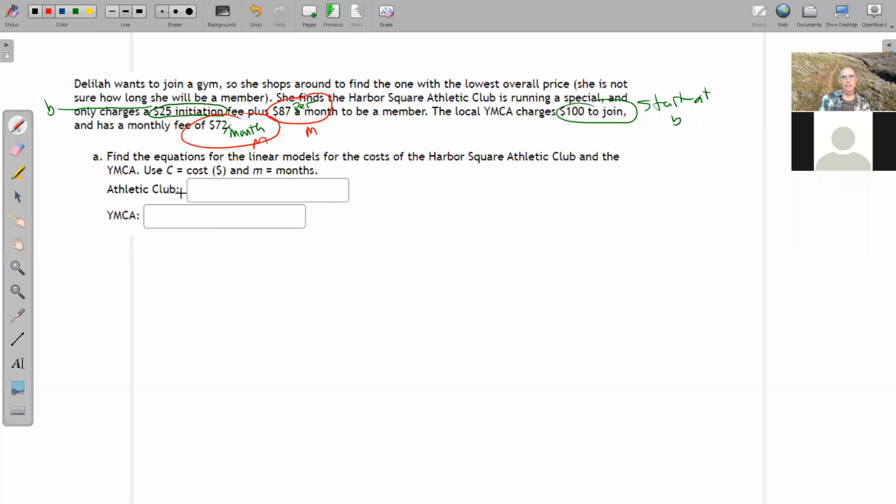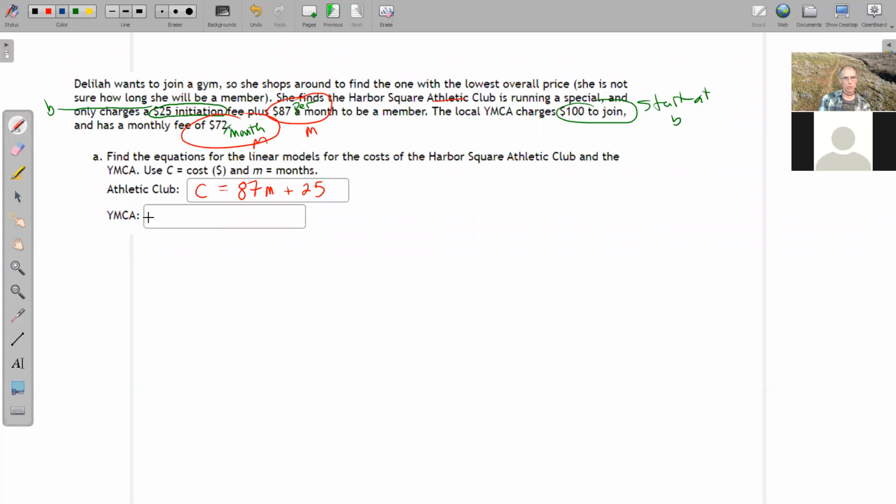So for the Harbor Square Athletic Club, we're using C instead of y and m instead of x, so C equals 87 per month, so 87 times m, m instead of x here, plus 25.